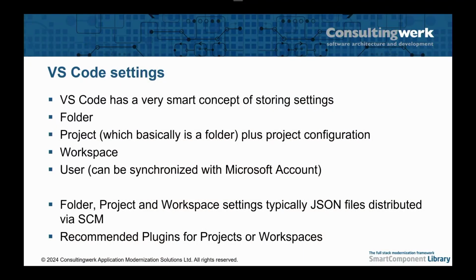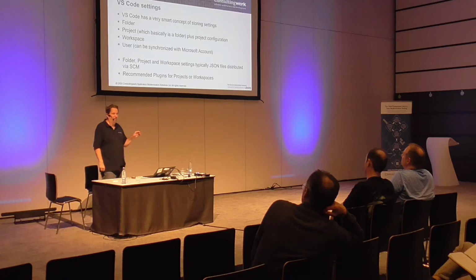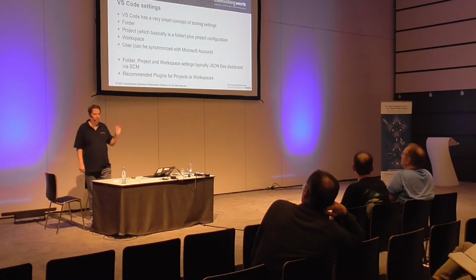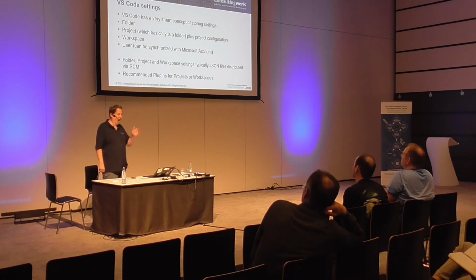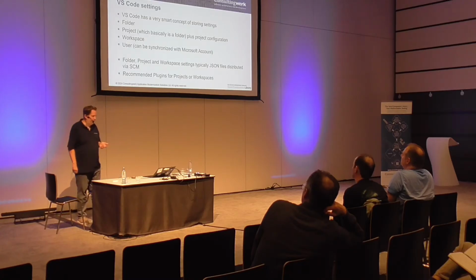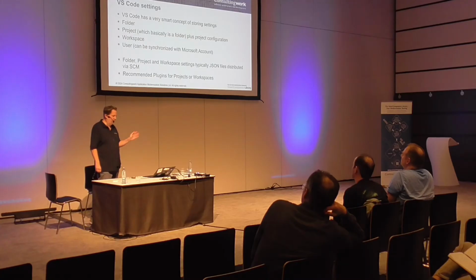The settings concept of VS Code is really, really cool. It has similar layers for storing these settings. So there is the project or folder-based settings, and they are stored in files in a .vscode subfolder, where the dot indicates that on Linux it's meant to be a hidden folder. And those settings can be versioned.